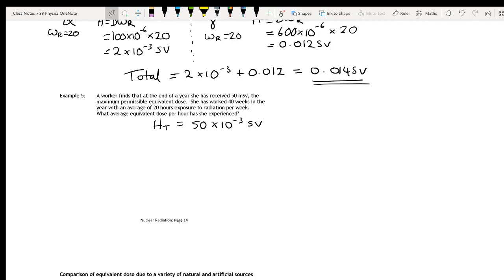So to work that out, we need to know how many hours she's worked. She's worked 40 weeks, 20 hours per week. So 40 times 20, which is 800 hours. HT means total. You can write total if you want.